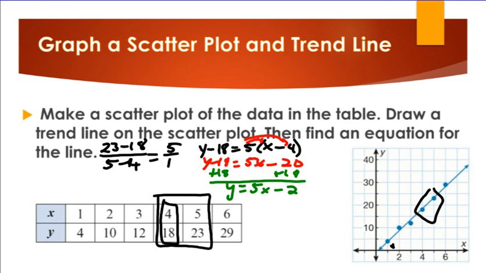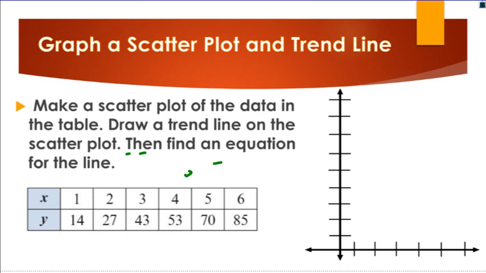So that would be a decent, very close equation for the line that we have drawn here. Now somebody else, if they chose a different point, the slope would be pretty much the same. It's just where the y-intercept is going to be located. But for the most part, whatever points you choose, as long as your points are on the line, your equations are going to be fairly similar.